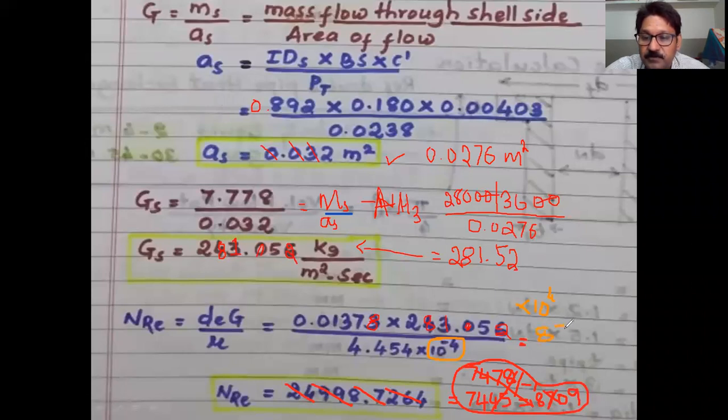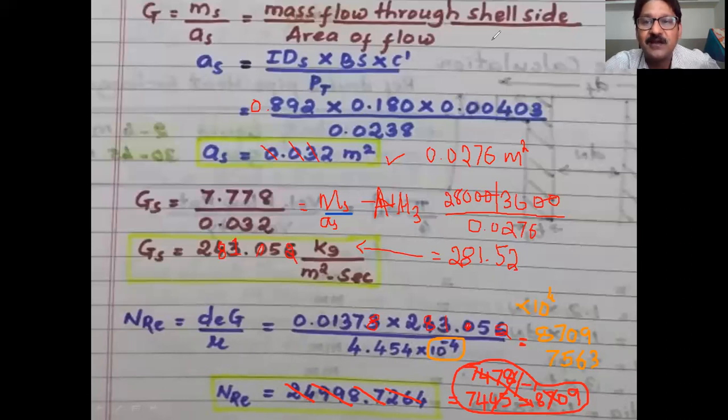What about 7,563.52? No, if the values are same, then your value should be same. See here, it is a very big value. Sir, it is same only, sir. 7,000 range. I don't know. Okay, which value we should take now?